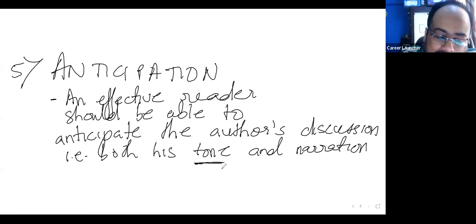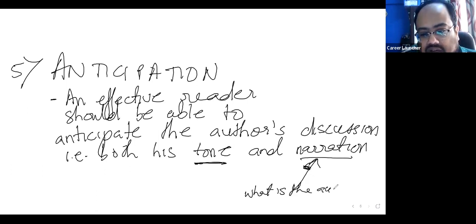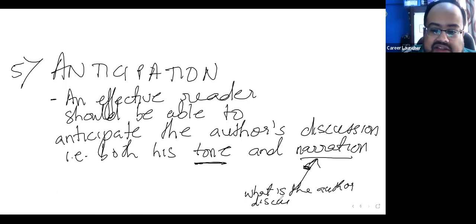Like, for example, in that passage on the last leaf, it was kind of a negative tone, a sad, depressing kind of tone. So an effective reader should be able to appreciate the author's tone and narration as well. When I say narration, what I mean is, what is the author discussing? In what direction is the author going?